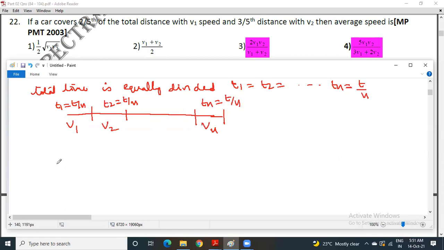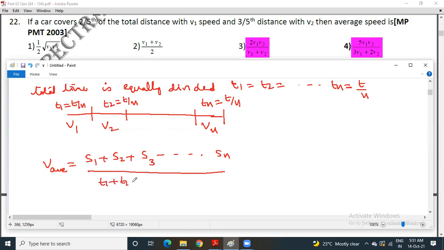Now, so let us get back the basic formula. V average is equal to S1 plus S2 plus S3 so on, Sn whole divided by T1 plus T2 plus so on, Tn. Now, let us replace S1 with V1 into T1. Why?